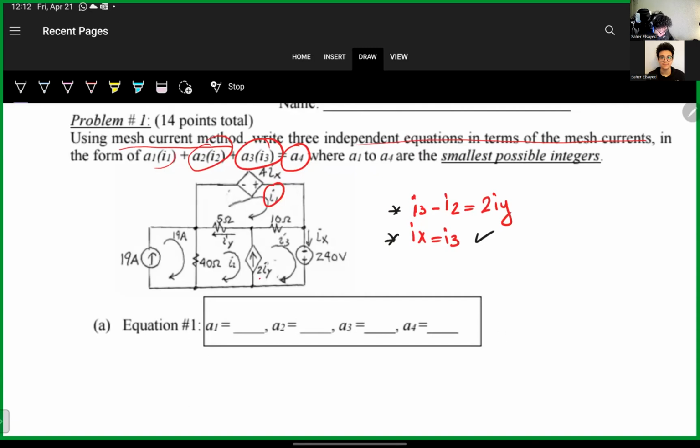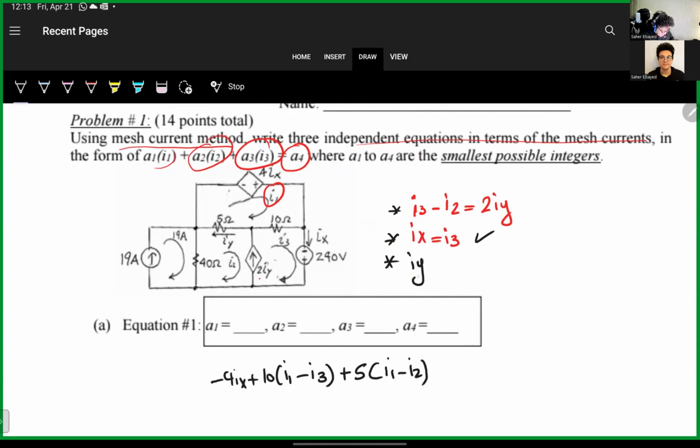So what do you get? You get negative 4IX plus 10 times I1 minus I3, plus 5 times IY. Oh yeah, one more thing.